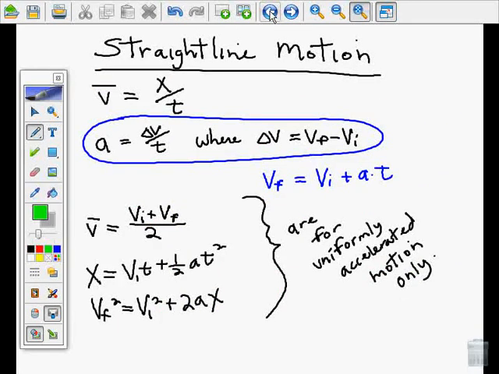And before we leave straight line motion, one thing I want to point out, a popular mistake students make is they tend to forget that this average velocity right here and this change in velocity are 2 separate things. Those are not equal to each other.